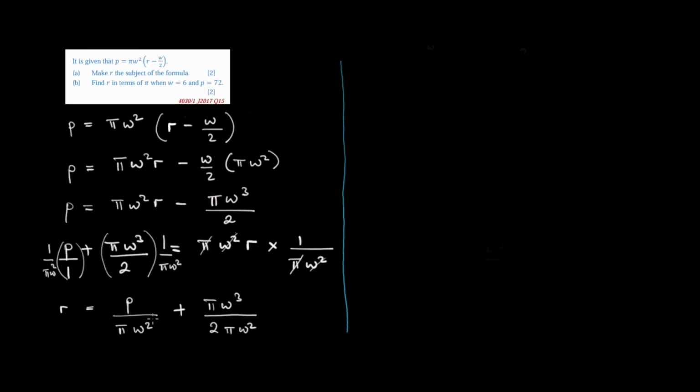Let us simplify it. Here there is nothing to simplify. But here we know that pi cancels with pi w squared, leaving w cubed only w. This means our eventual answer, r, is equal to P over pi w squared plus w over 2, like that.